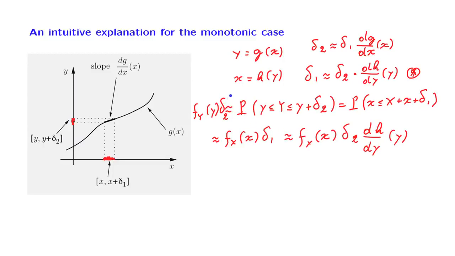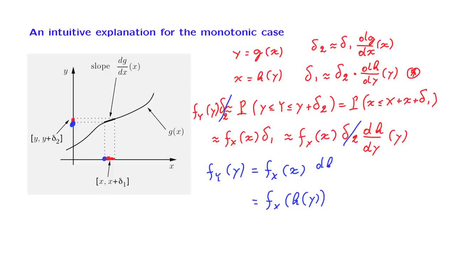And now we cancel the delta 2 from both sides of this equality, and we obtain the final formula: the PDF of y evaluated at a certain point is equal to the PDF of x evaluated at the value little x that's associated to that y, given by the inverse function, times the derivative of the function h, the inverse function.